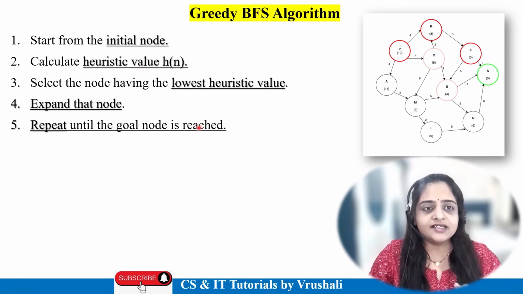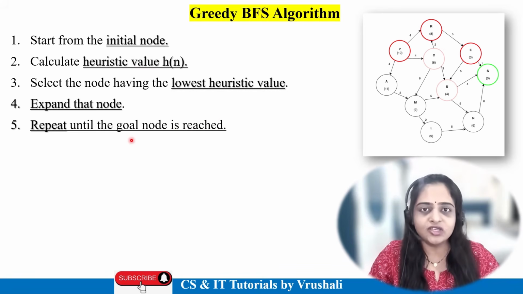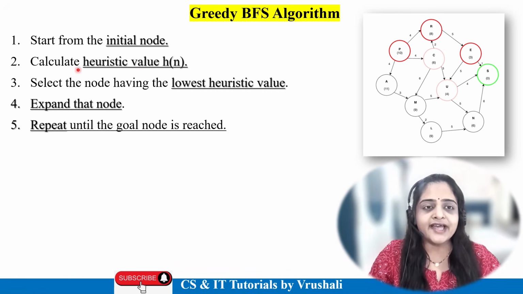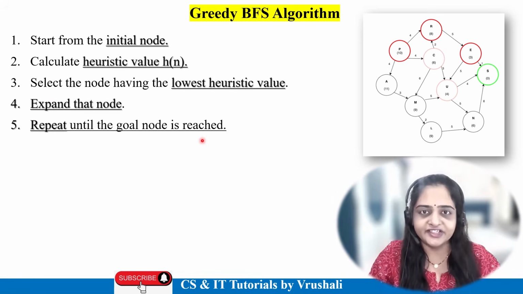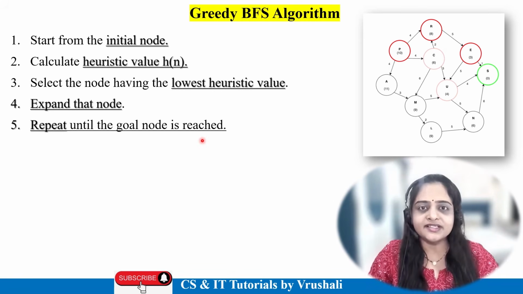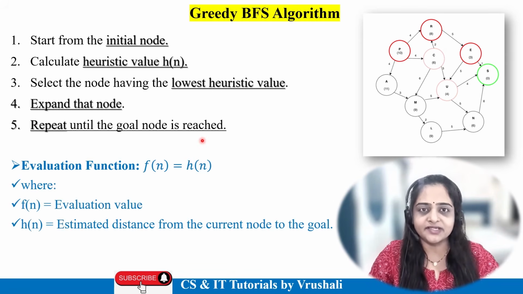Now, these are the algorithm steps that we have already discussed while solving the example. Start from the initial node, then calculate the heuristic value, then select the node having the lowest heuristic value, expand the node, and repeat all these steps until the goal node is reached. So you have to remember these steps while solving examples.